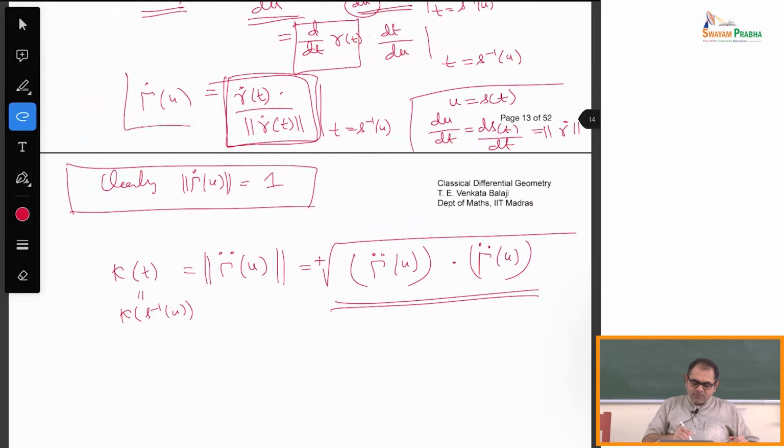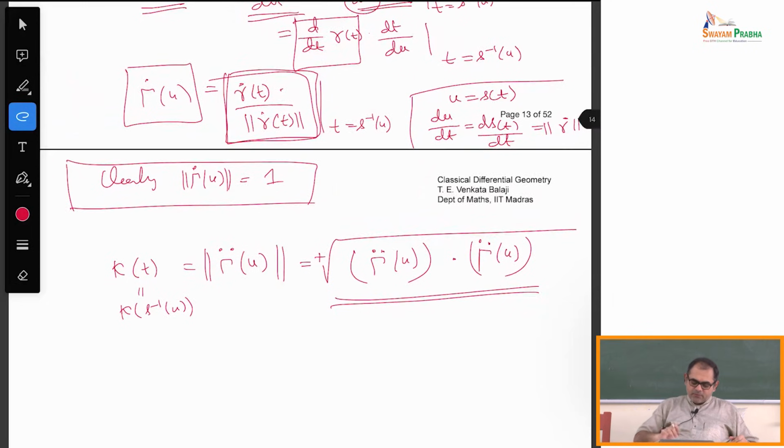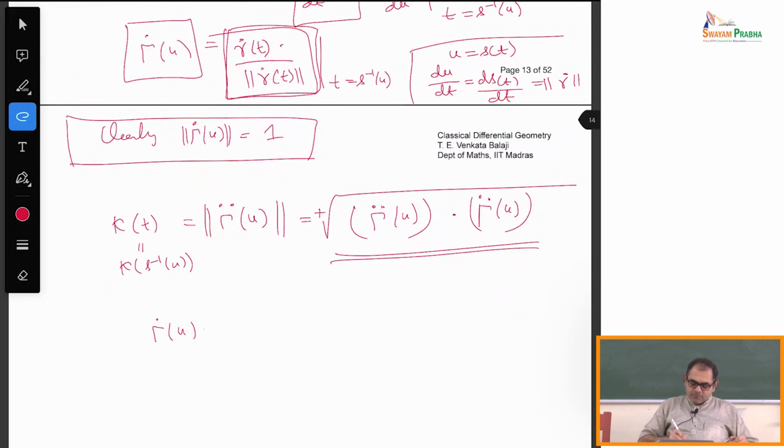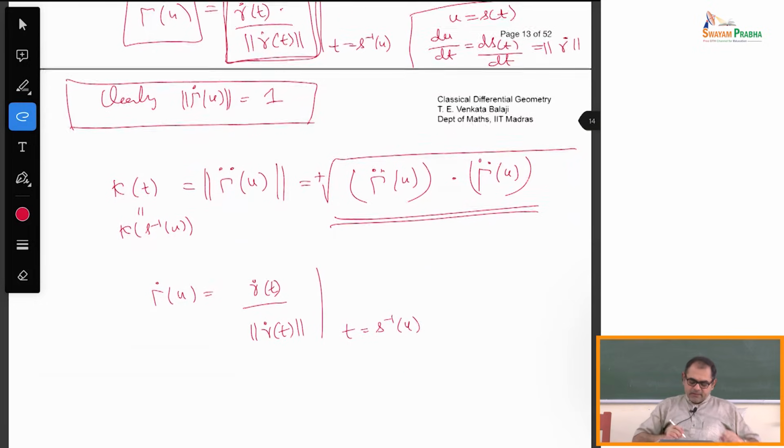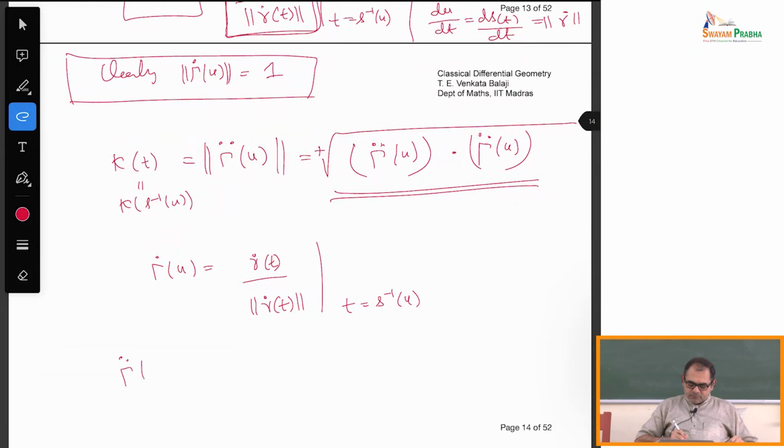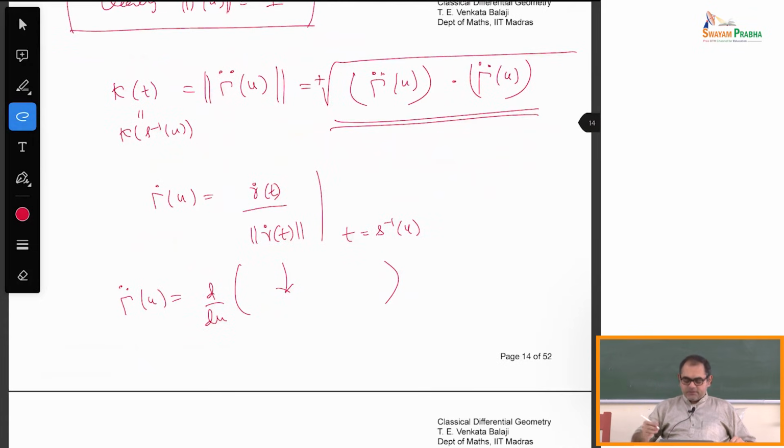So let us calculate. Already we have a formula for gamma dot of u. Gamma dot of u is small gamma dot of t by norm gamma dot of t, at t equal to S inverse of u. Now you calculate gamma double dot of u. You have to apply d by du to this, and again use the chain rule, writing it as applying d by dt and then multiplying by dt by du.